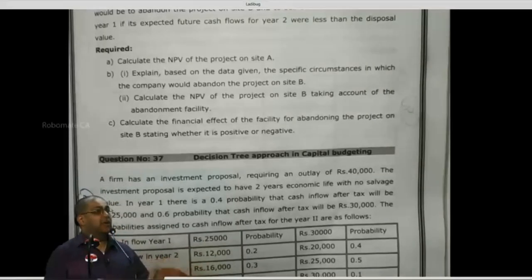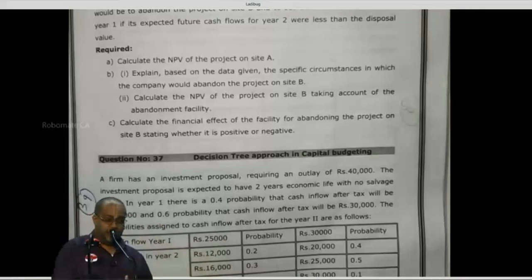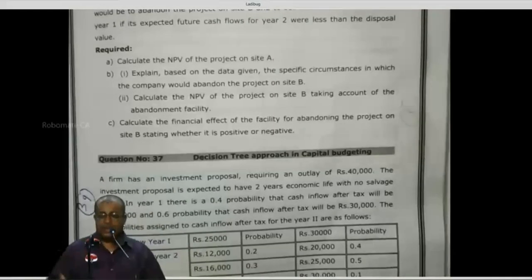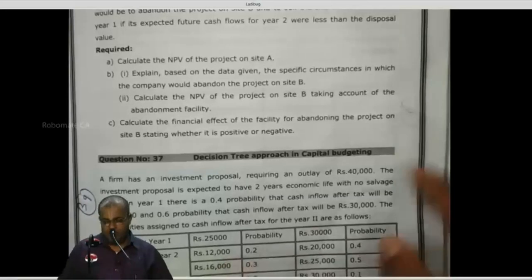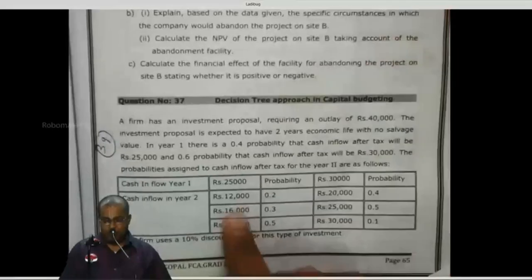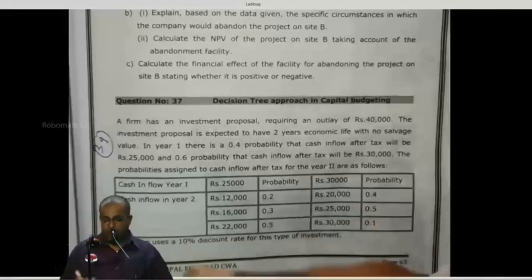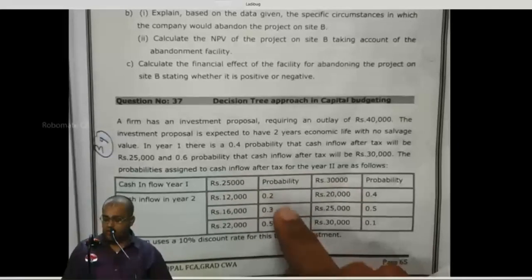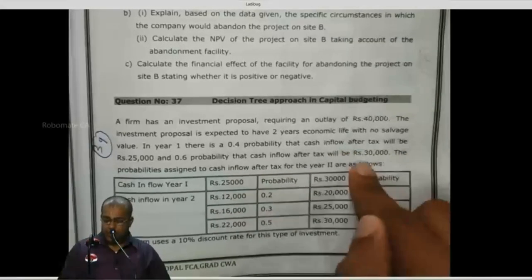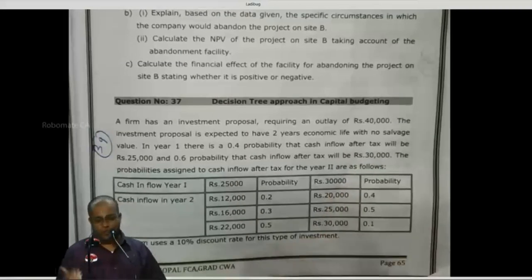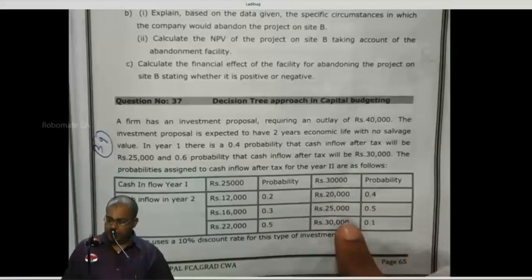Now, year 2 cash flow depends on what happens in year 1. If year 1 the cash flow is 25,000, year 2 the cash flow may be 12,000, 16,000, 22,000. What the probability of 12, 16, 22? 0.2, 0.3 and 0.4. Or if year 1 it is 30,000, year 2 maybe 20, 25,000, 30,000.